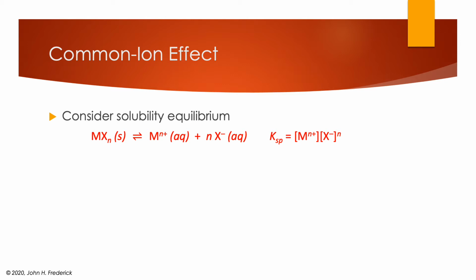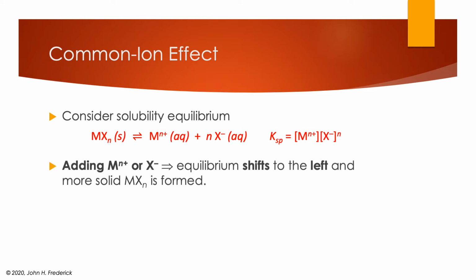And it's just the product of the concentrations of the two species that are forming electrolytes. So if we were to take this situation and add one or the other ion, we could add both, but we just add one or the other, the equilibrium to respond must shift to the left and would create more solid of the original MXN compound.